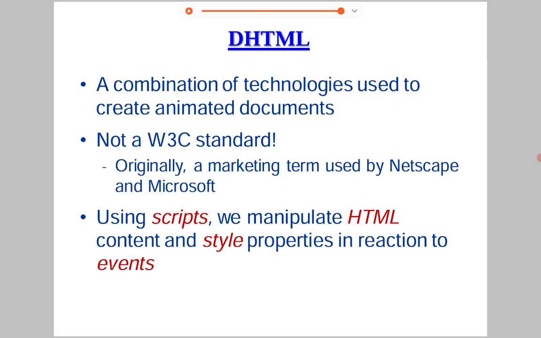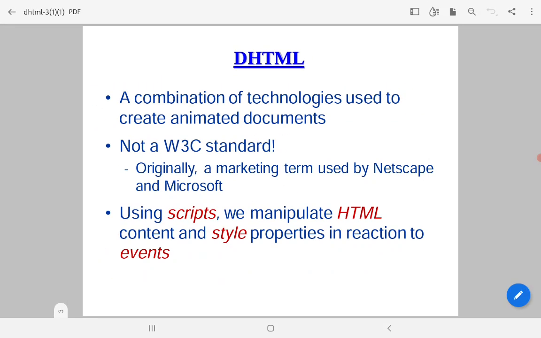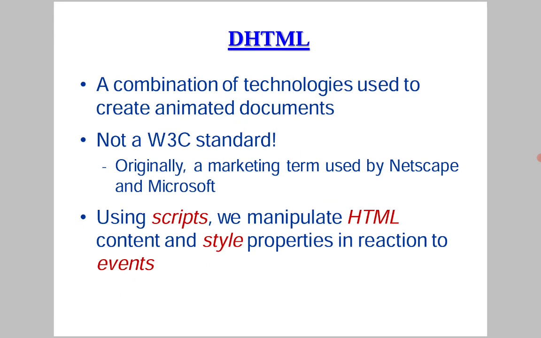So what is DHTML? A combination of technologies used to create animated documents, not a W3 standard. Using scripts we manipulate HTML content and style properties in reaction to events. As we already know, DHTML is a combination of 5 to 6 technologies.